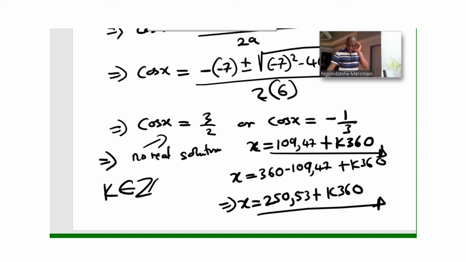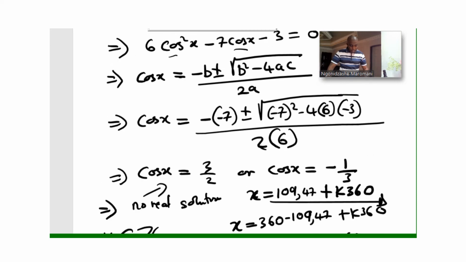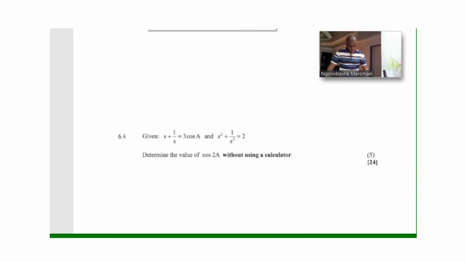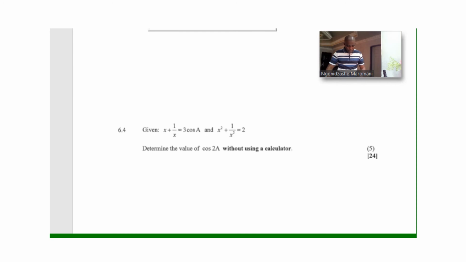Now let's look at the last aspect of the question paper, question number 6.4. This is another question where you are supposed to think outside the box.